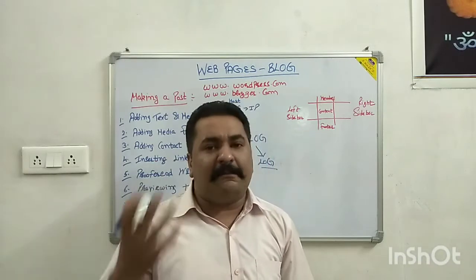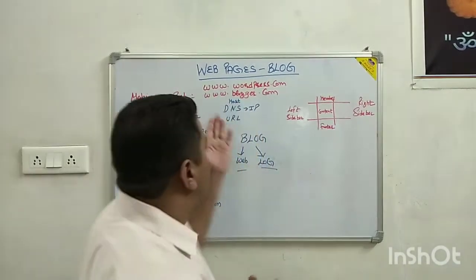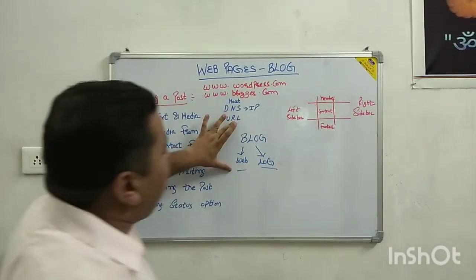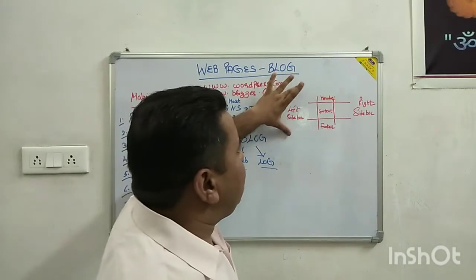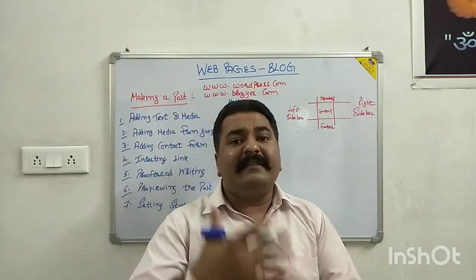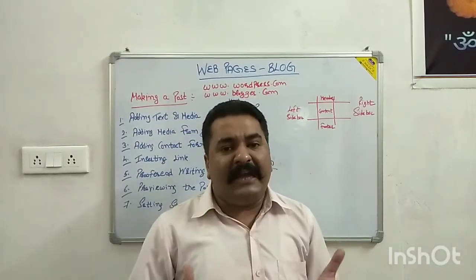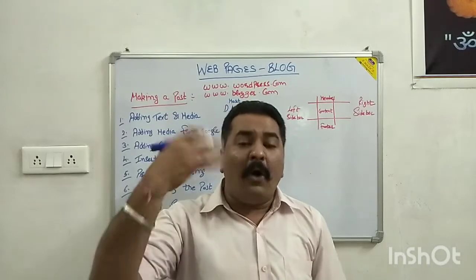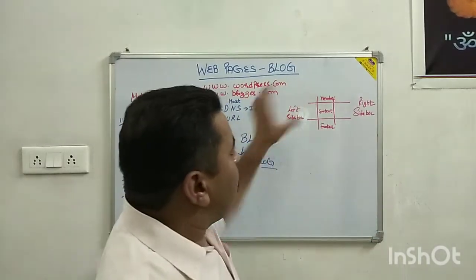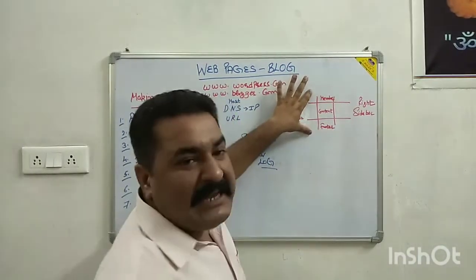Whenever we have to create a blog or a particular website, these things are mandatory. After that, I come to the next topic: what is the body of a blog? If we are creating a blog, what are the various options we have in a blog, or how can we create a particular blog? As I have shown you in the diagram, this is a complete blog.